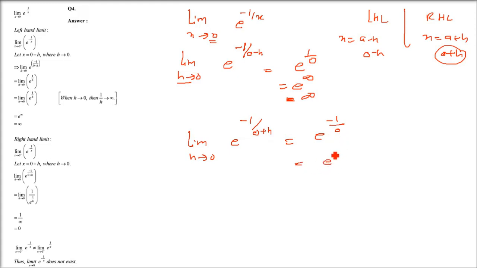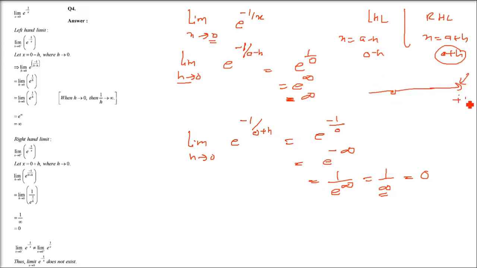When we have e to the power minus anything, we can always write it as 1 by e to the power plus of that thing. So 1 by e to the power infinite. E to the power infinite is infinite. So 1 by infinite is what? Any number divided by a very huge number is going to be 0. If you divide any number by infinite, it is going to be 0 always.